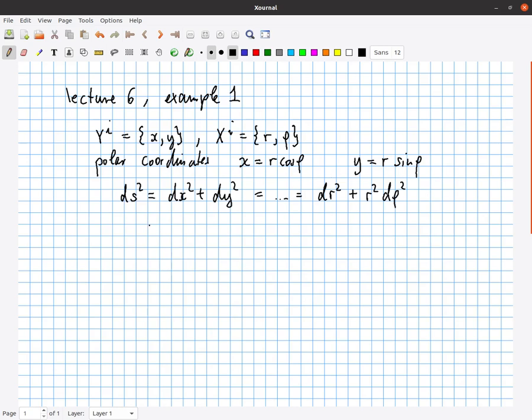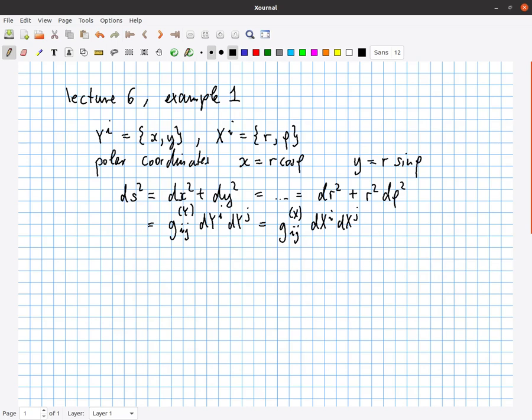We can also write this, of course, using the definition of the metric. So if this is capital Y, then here we have Gij in the y coordinates, dyi, dyj, and here we have Gij in the x coordinates with dxi, dxj.